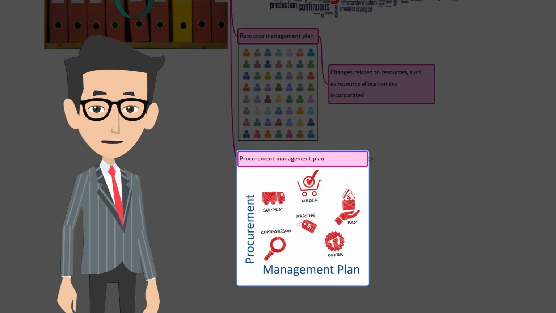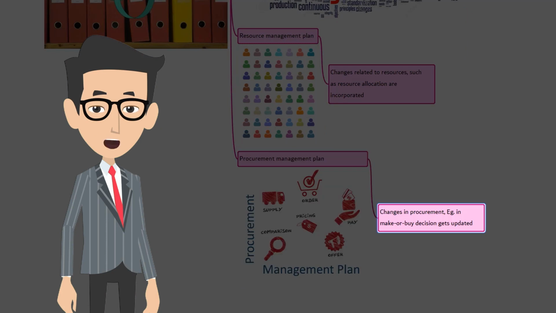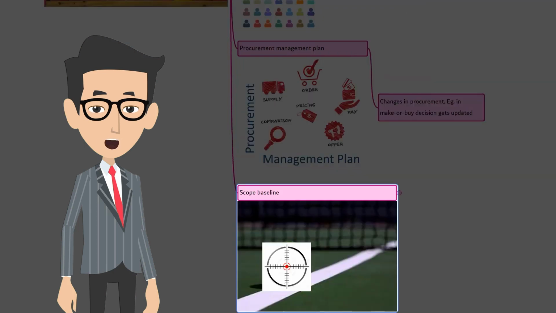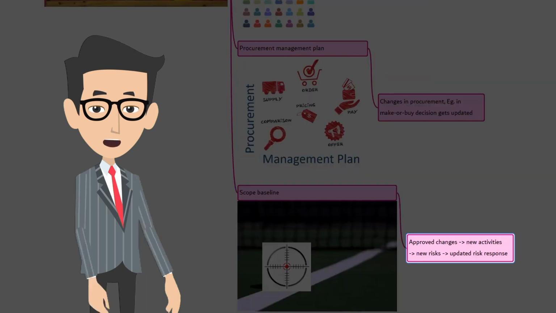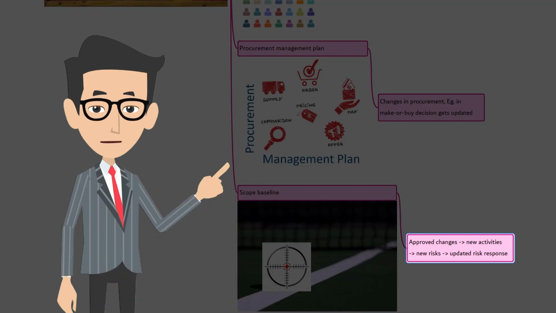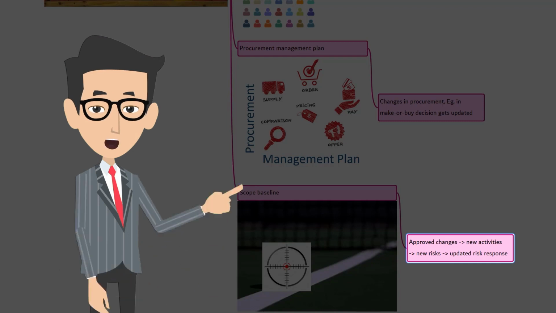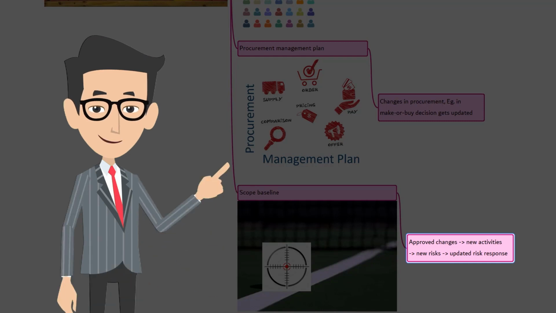Procurement management plan. Changes to the procurement management plan, such as make or buy decision or contract type, get updated. Scope baseline. When the approved changes are incorporated, the scope baseline may change, so the risk in the project and the risk response need to be updated accordingly.